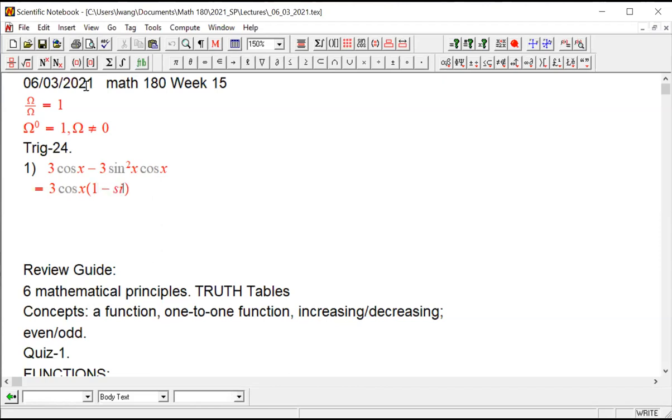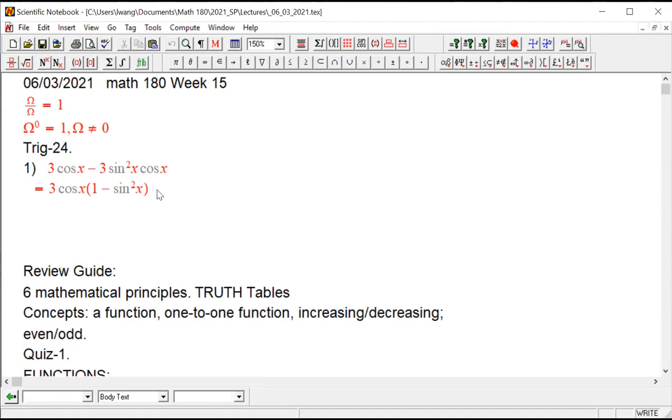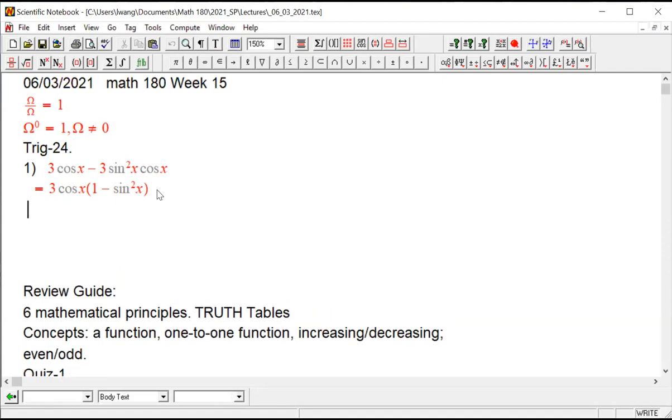So this is gonna give you sine square of x, right? And then you know the rest, right? It's just 3 times the cosine x, and 1 minus the cosine square x is a sine square x. 1 minus sine square x is a cosine square x.